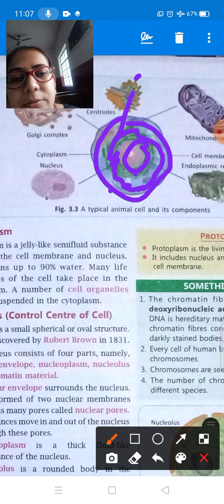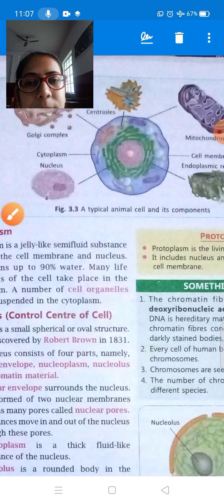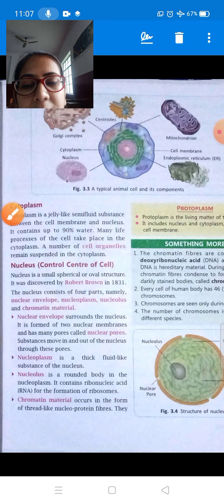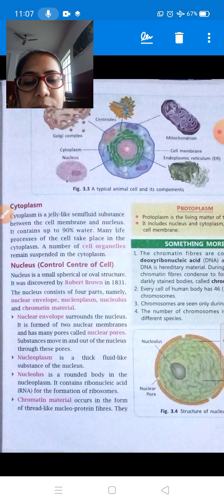This substance is called cytoplasm, and it is mainly made up of water, about 90 to 92 percent.